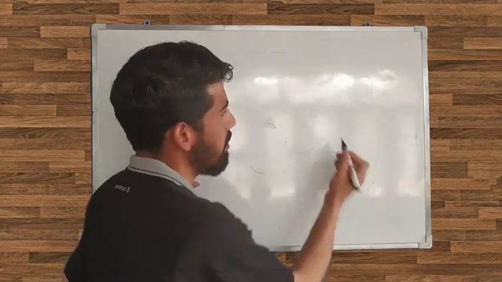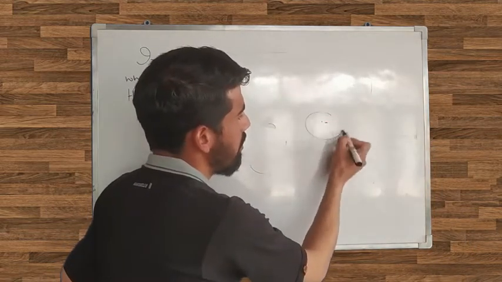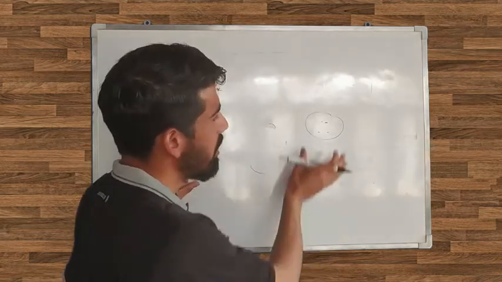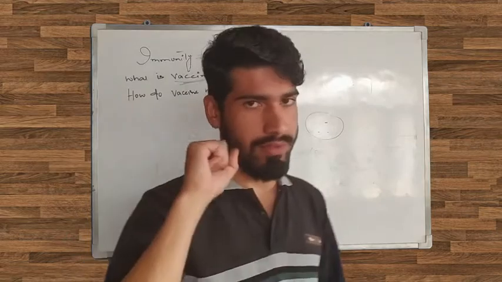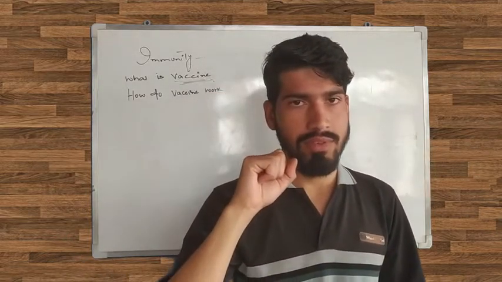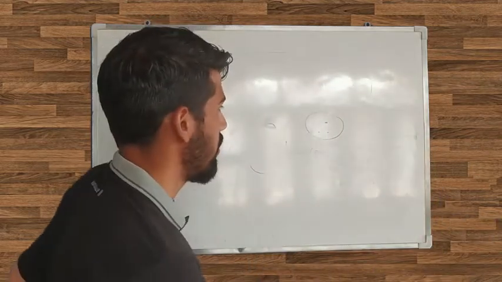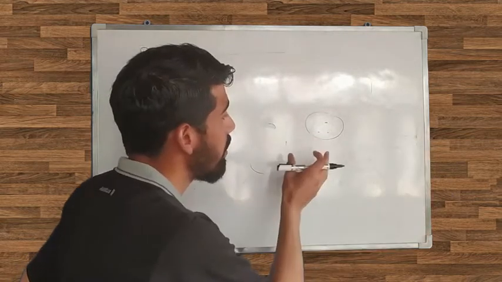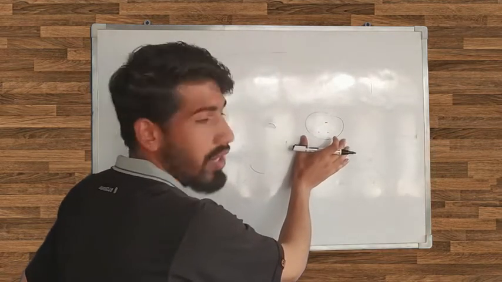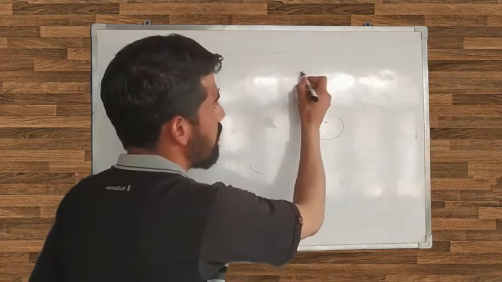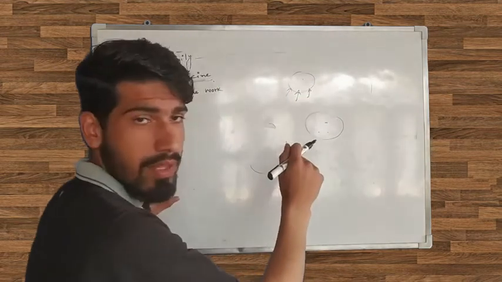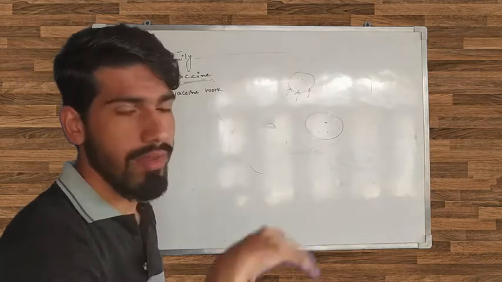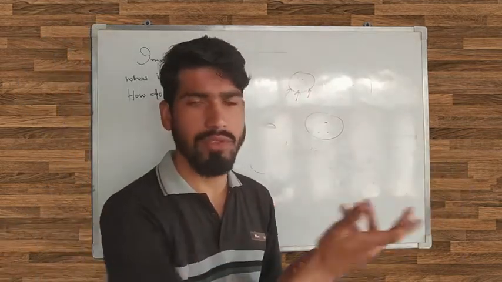For example, this is the pathogen. We take a small piece of the pathogen and make the vaccine. In other cases, we can make the pathogen weak, and take this vaccine and inject it into the body.